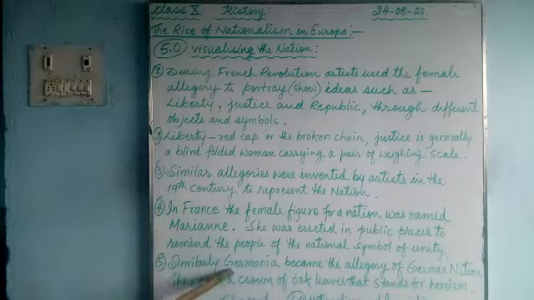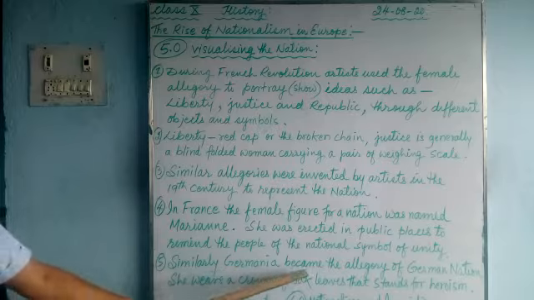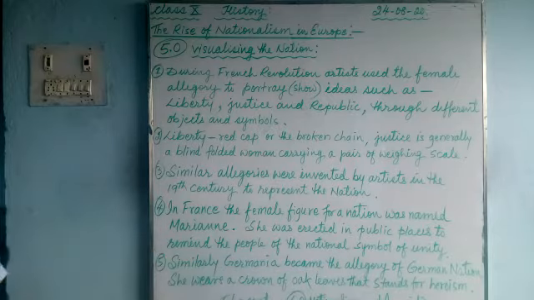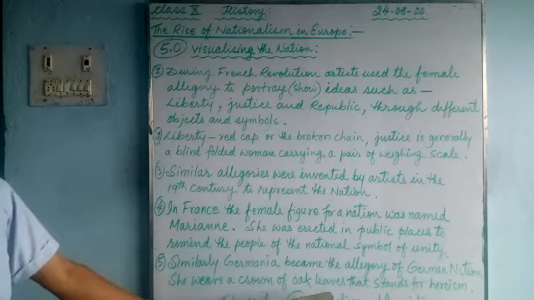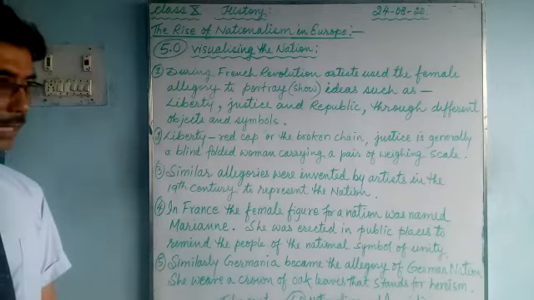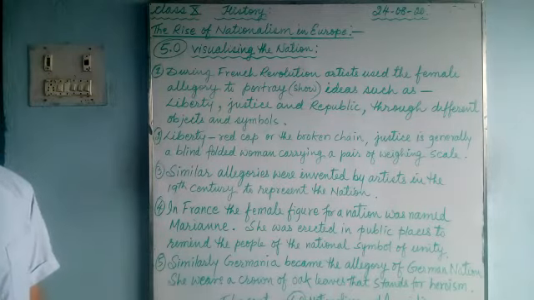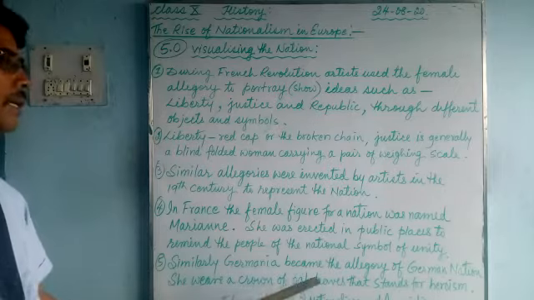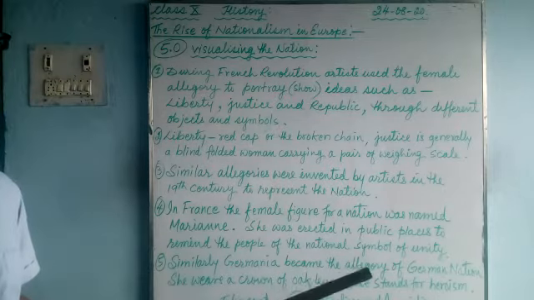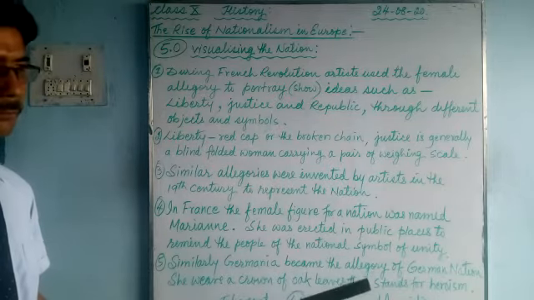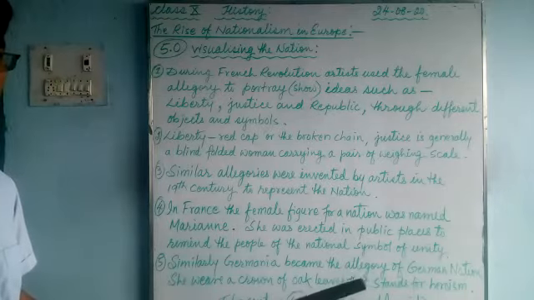Similarly, Germania became the allegory of the German nation. In France it was Marianne, and in Germany it was Germania. She wears a crown of oak leaves. Oak is the strongest wood in the forest, the king of the trees.